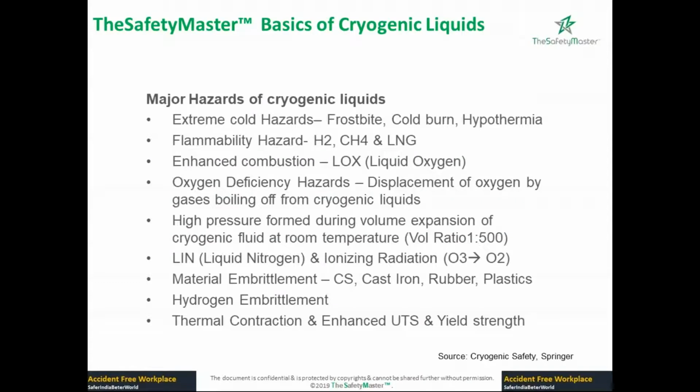There will be a sudden build up of pressure, and then it might explode, and the debris will also fly several kilometers, and it can cause several injuries. So those are specific hazards related to the volume ratio or expansion of cryogenic liquids when they vaporize.